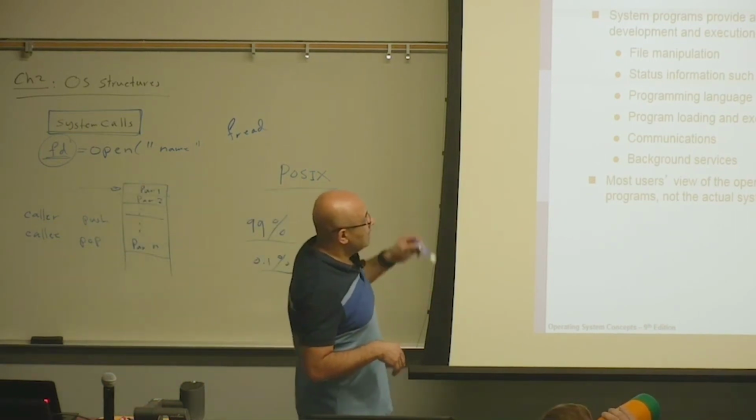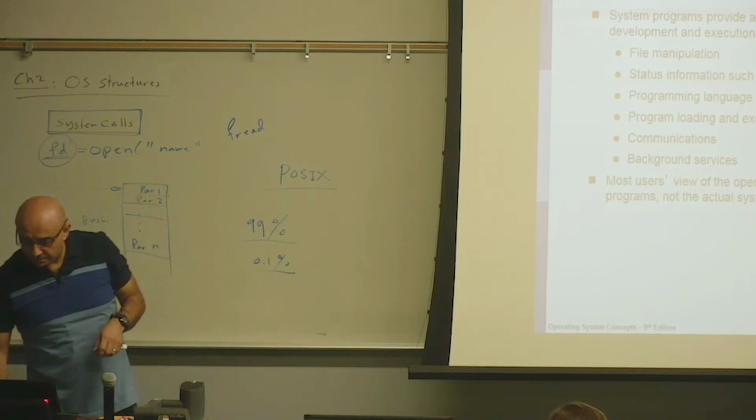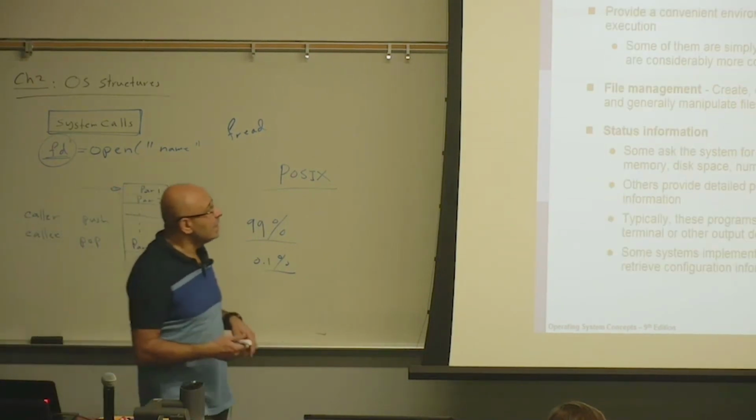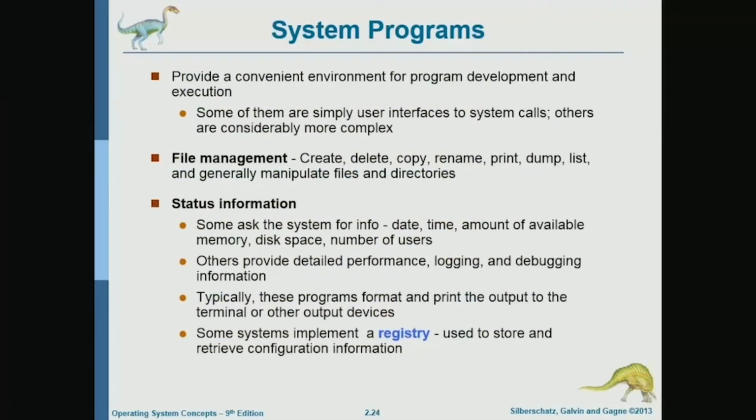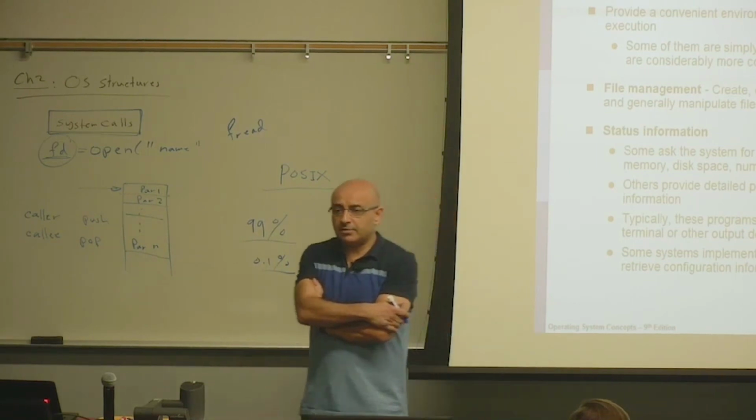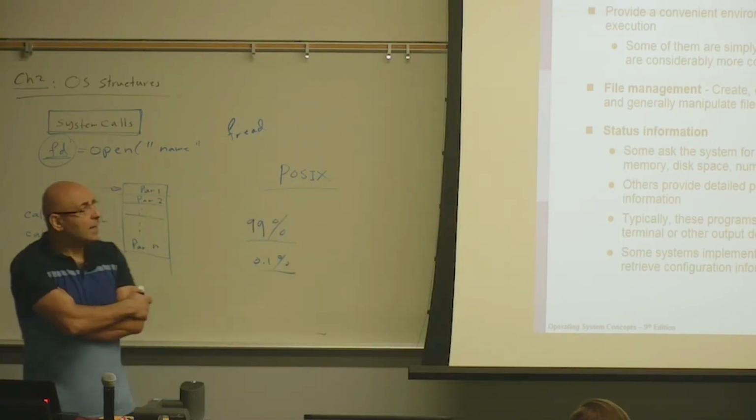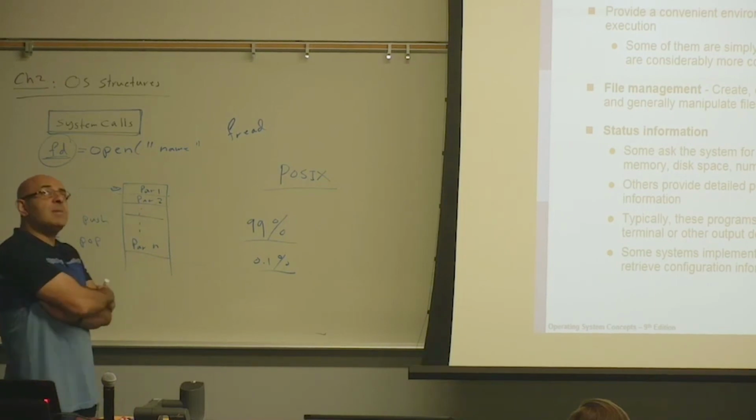So examples of system programs. System programs for file management, like text editors. A text editor is a system program with every operating system. There is at least one text editor, and many operating systems have multiple text editors. Like Notepad on Windows and VI, or Pico and Emacs on Unix.